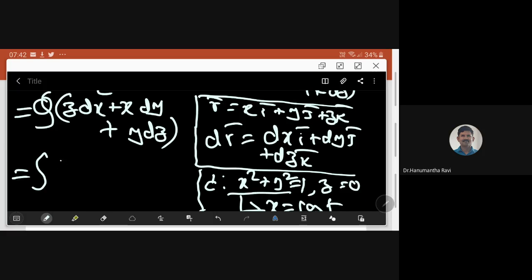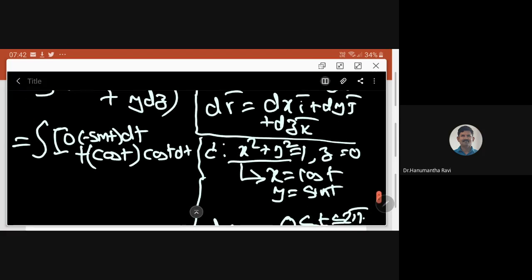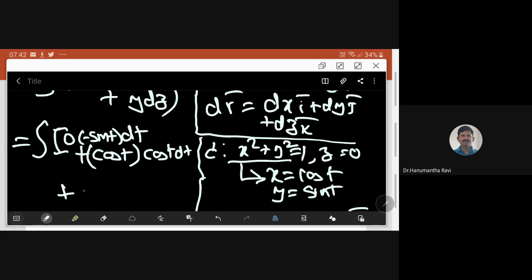So I write the integral: 0 into dx, where dx is minus sin t dt, plus x is cos t, into dy. y is sin t, therefore dy is cos t dt, plus y is sin t into your dz, which is 0. dz is 0. And your t varies from 0 to 2 pi.